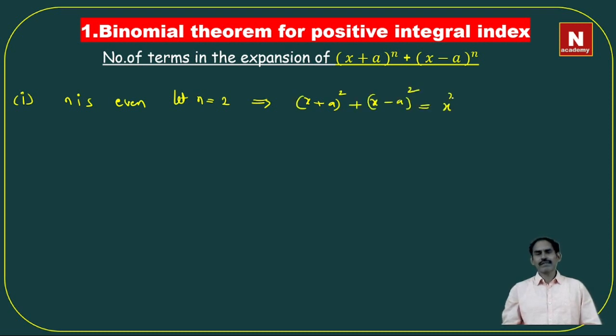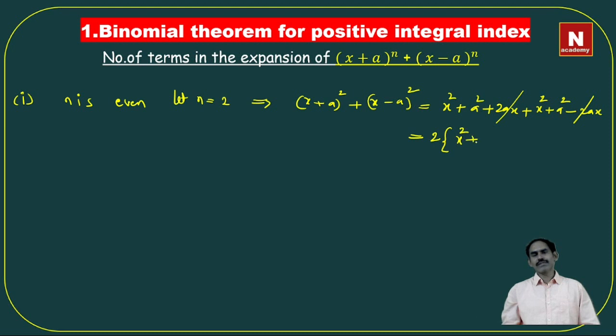Expand it: x² + a² + 2ax, and x² + a² − 2ax. Here +2ax and −2ax get cancelled. These are x² + x², so you can join them into 2x² + 2a². So after cancellation of some terms, we are getting two terms. These are two distinct terms.